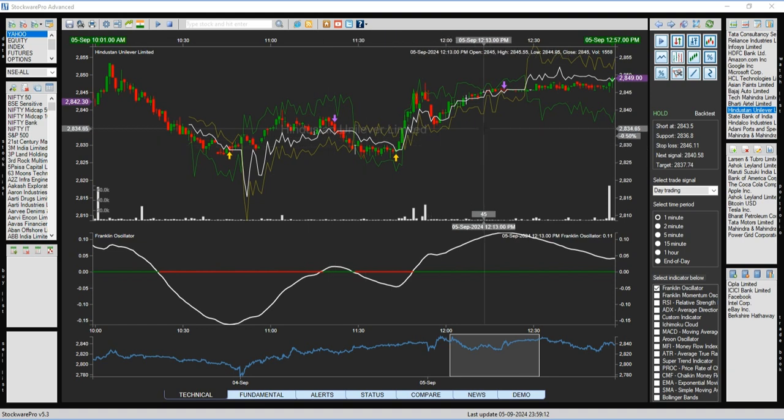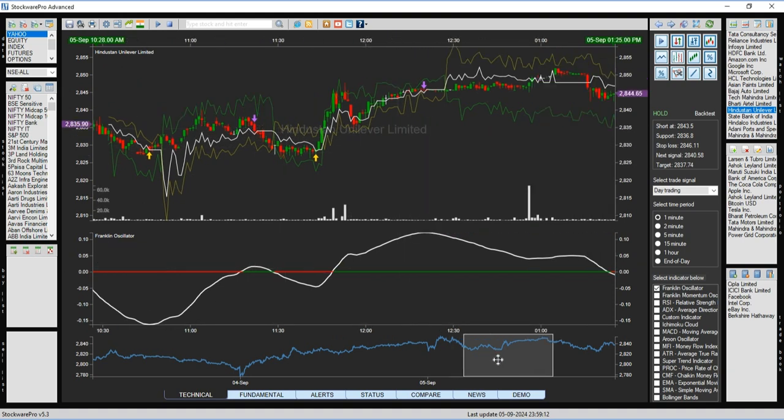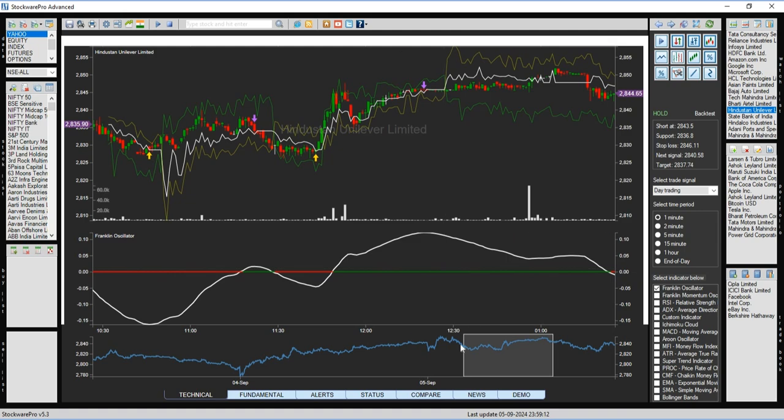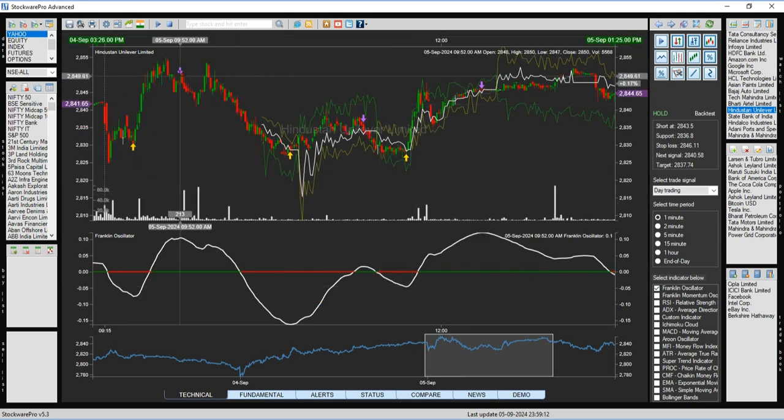In this case, today I was trading this particular stock. I started looking at this stock at around this point. I missed this one as I was not around, so I started looking from this point. I thought, okay, it has reached a peak level because the previous resistance was around this point.